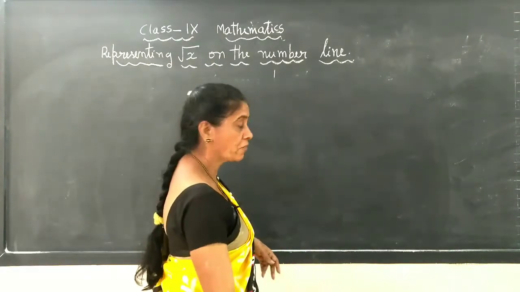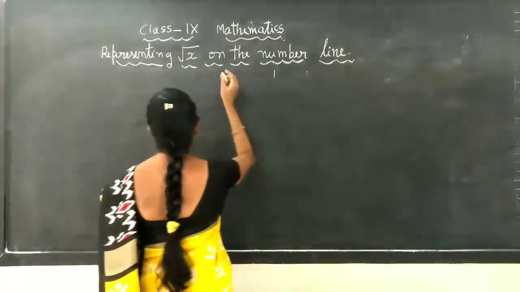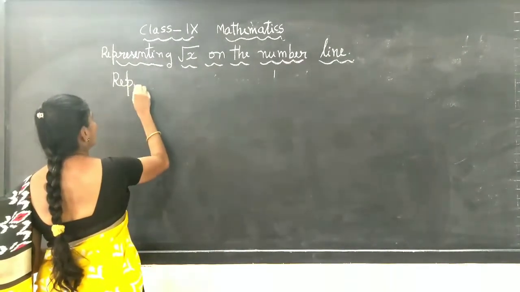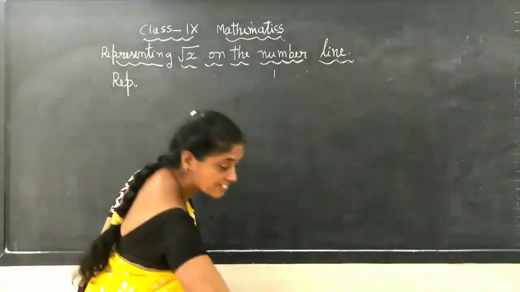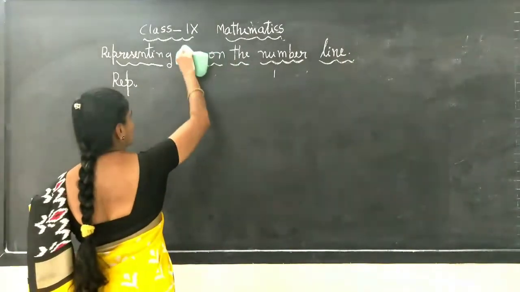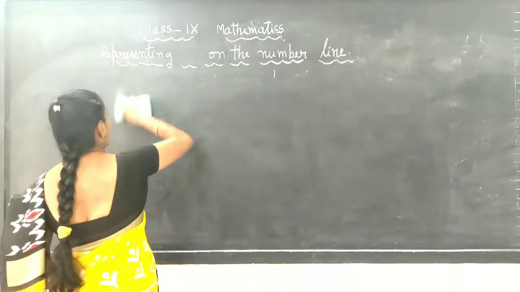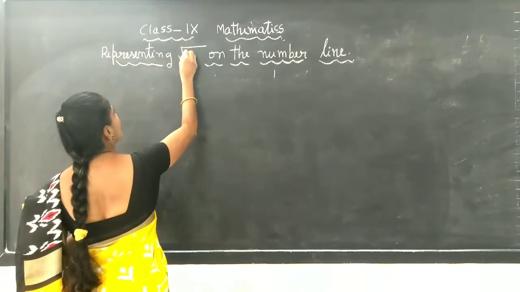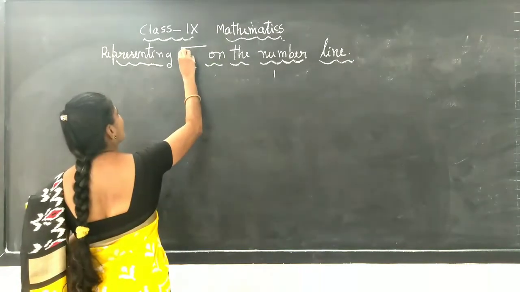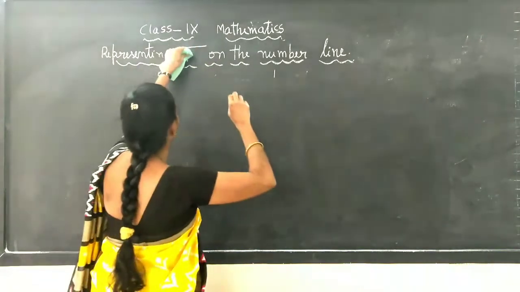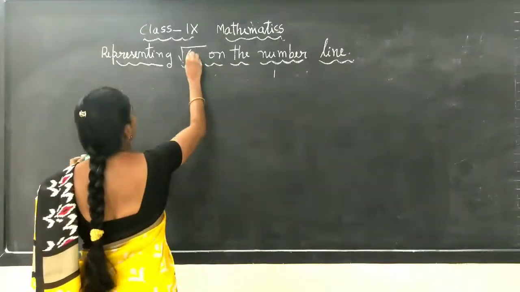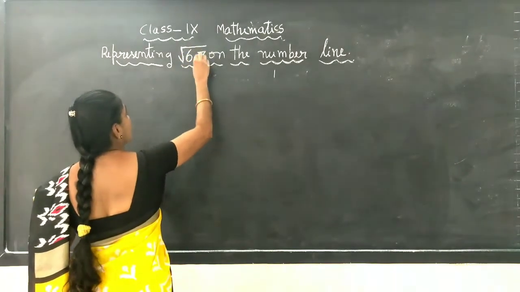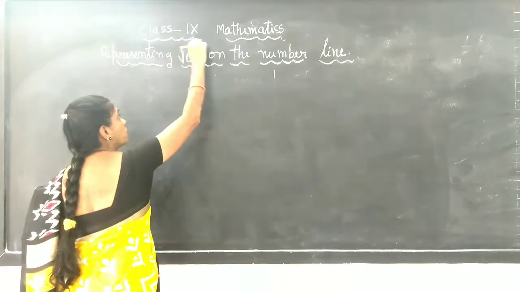Say, represent square root of x, where x is any positive number, we will take 6.7.